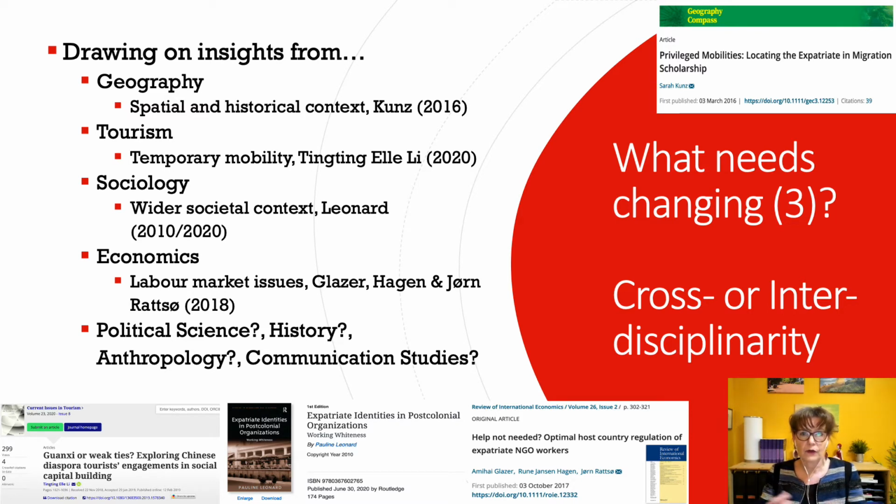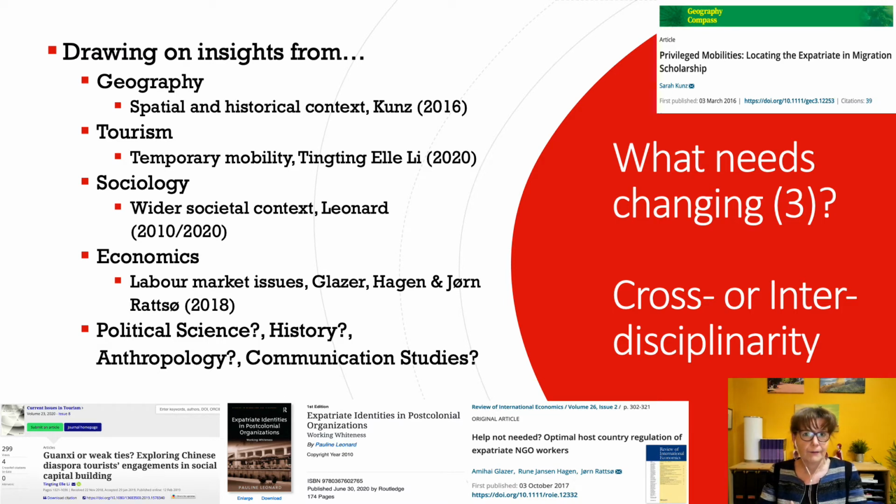The article talks about migrants who are privileged by citizenship, class or race are largely still absent from mainstream migration research and theory. So the exact opposite of what we've seen in international mobility research. They are clearly trying to learn from us. So we should certainly try and learn from what is published in geography as well.